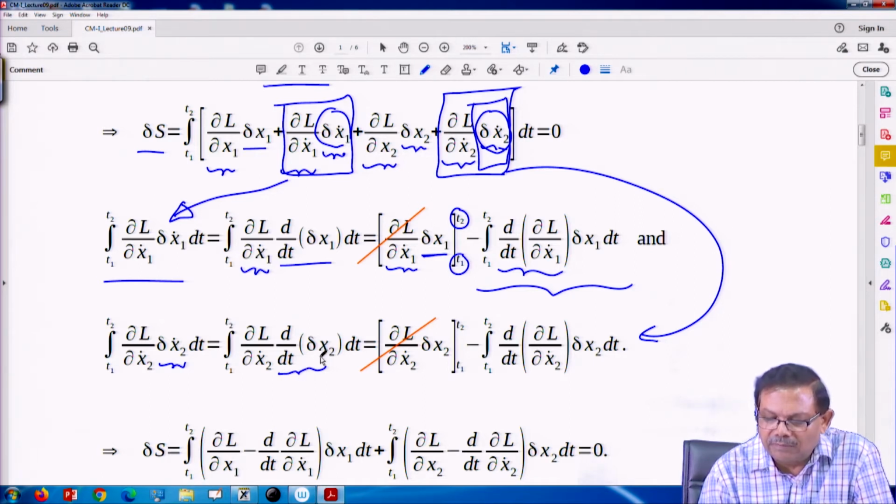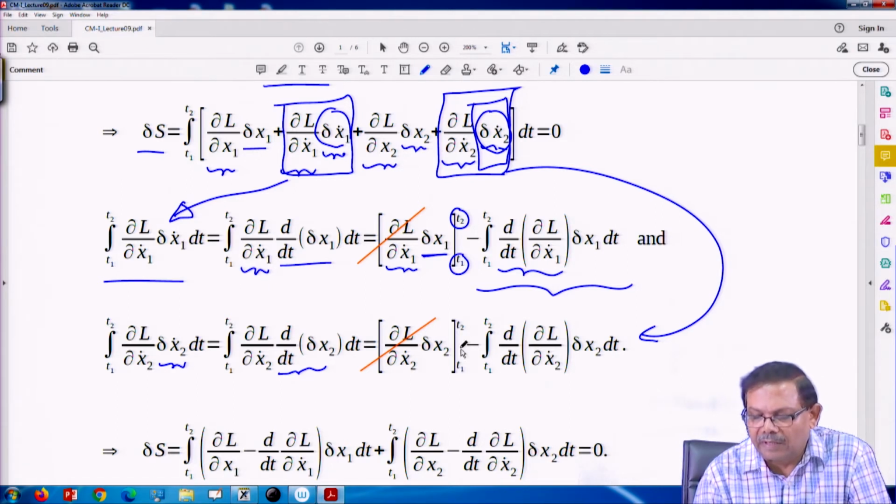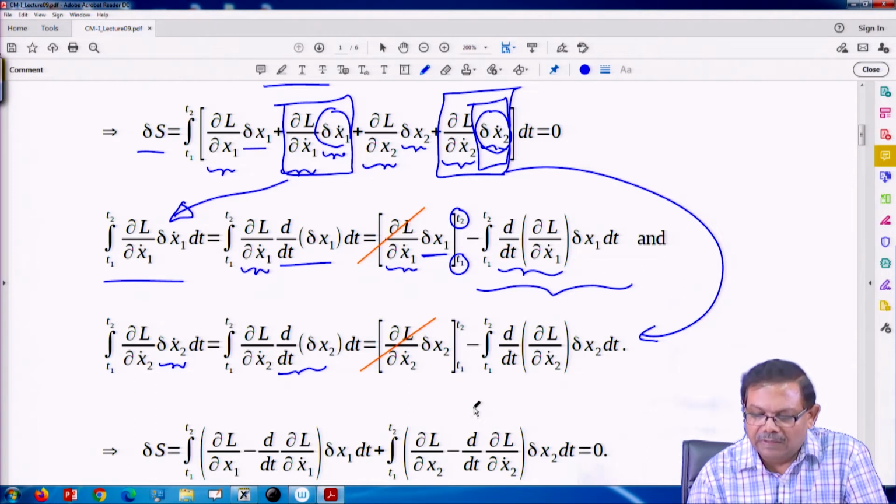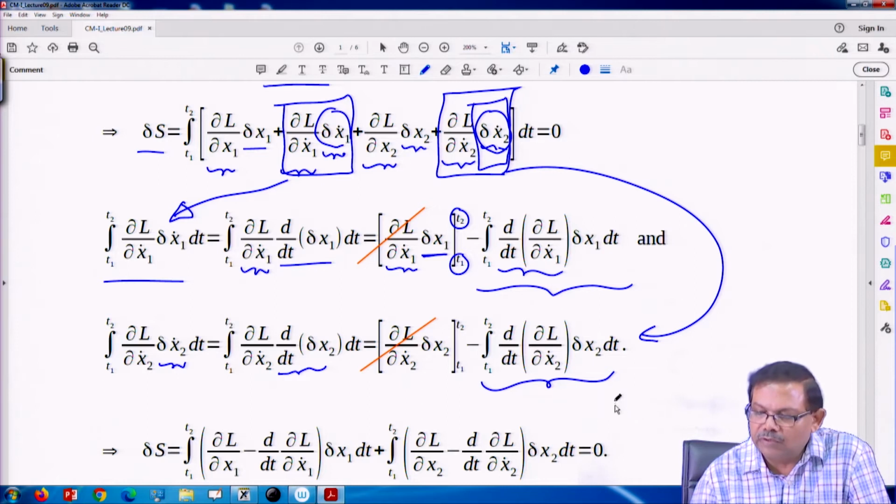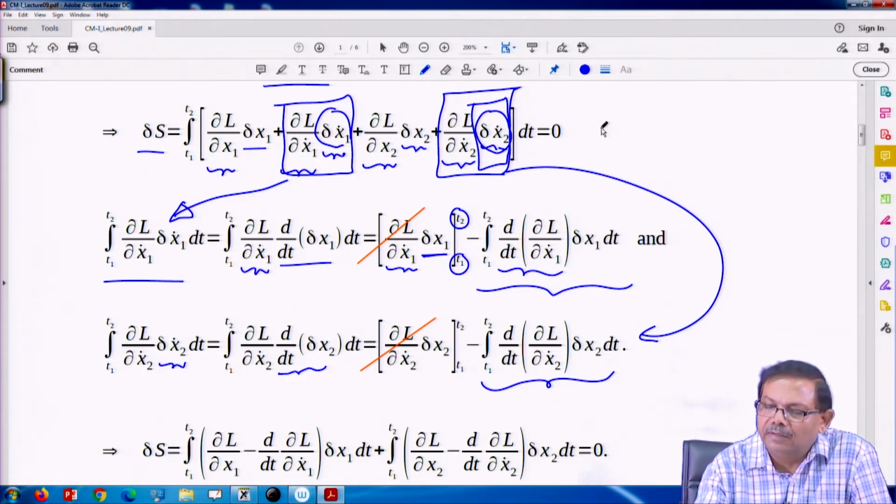Now, we do integration by parts, and delta x 2 also has to vanish at the end points. So, this term is also going to go away and we are left with only these two things. So, now these two equations we put back in this one.